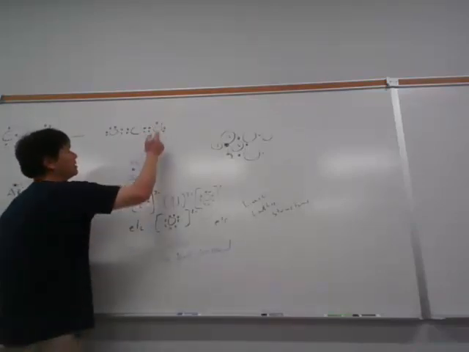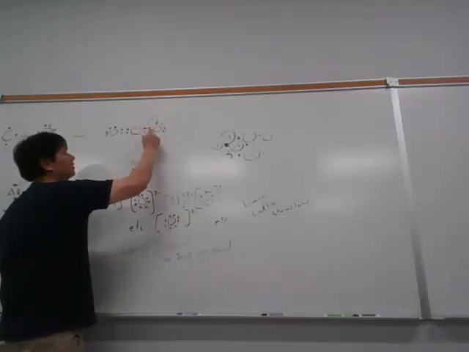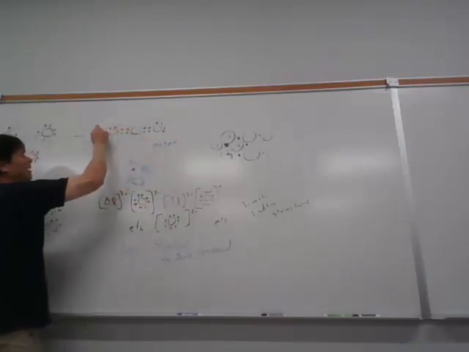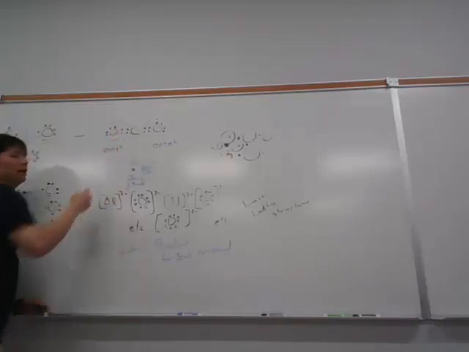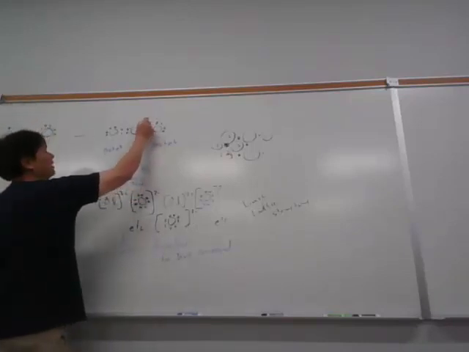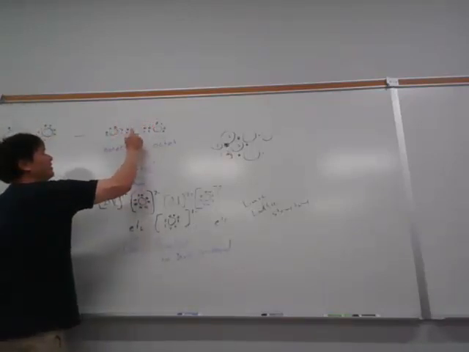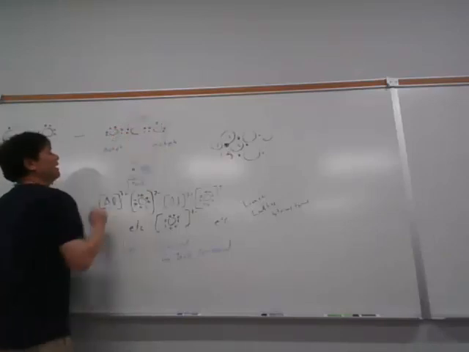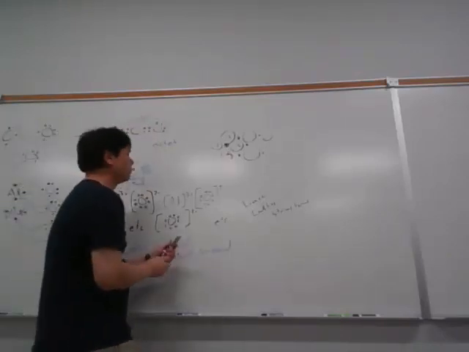Oxygen's going to get an octet by sharing the electrons. So that's what we call an octet. This is an octet here. But carbon doesn't give up the electrons. Carbon's going to maintain an octet here. So if we look at the electrons around carbon, it looks like this. This is an octet.